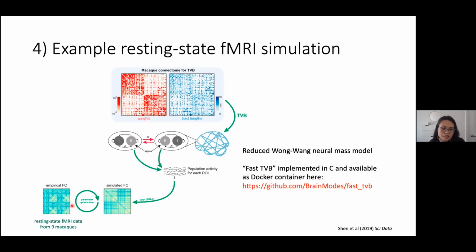And then we did a simple parameter optimization where we varied the global coupling G and sigma, the noise parameter, in a fitting scheme to see what pairing of G and sigma gave us the best fit to empirical functional connectivity that we computed from the resting state fMRI data from those same 9 macaques.